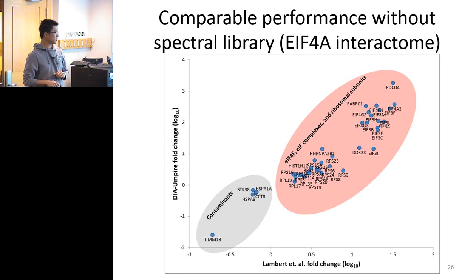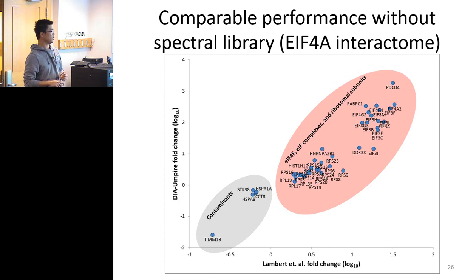So this is the fold change they calculated. This fold change means the quantification of the bait experiment versus the control. If you have a higher fold change, that means this protein is more likely to be an interactor. So we compared our fold change to their fold change.